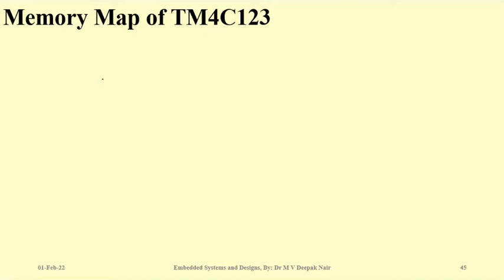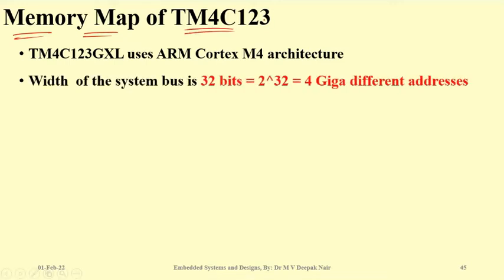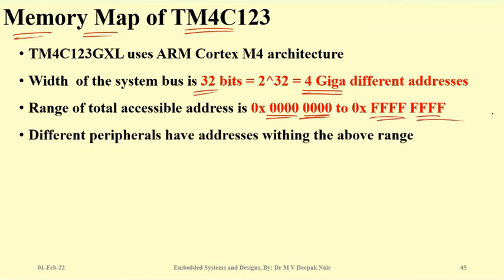Now coming to the memory map. Now let us see the memory which is available in this particular microcontroller, the TM4C123GH. Like I said before, it is a 32-bit system, so you have a total of 4 gigabytes of address space. This 4 gigabyte address range can go from 00000000 to FFFFFFFF.